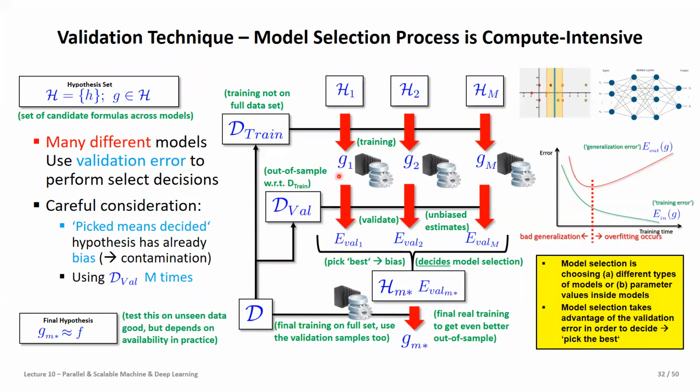Once you have performed this validation and you pick the best, the good thing is to put everything back in the pot again and then do the final training on the full data set. And if you are in doubt, you can use the validation samples also too. In other words, we have a little bit of bias, but we swallow it because in the light of the overall data, the bias is still a little bit small.